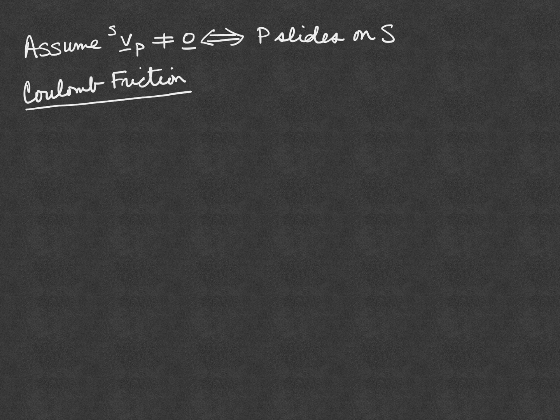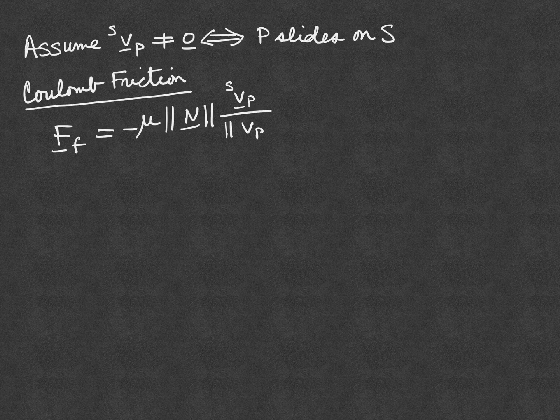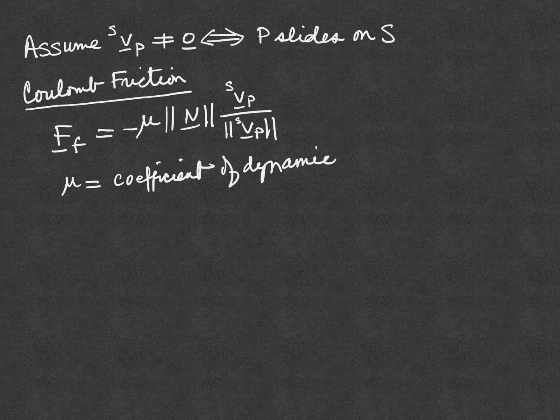So Coulomb friction has the following model, which is that the force is equal to minus a constant of proportionality called mu times the magnitude of the normal times V of P relative to S divided by its magnitude. So that's like a unit vector when I take V of P relative to S and divide it by its magnitude. Mu is what's called the coefficient of dynamic Coulomb friction.